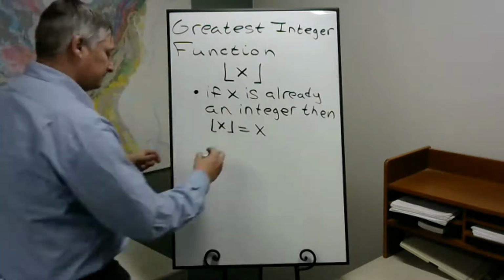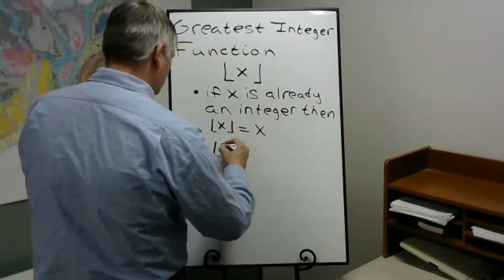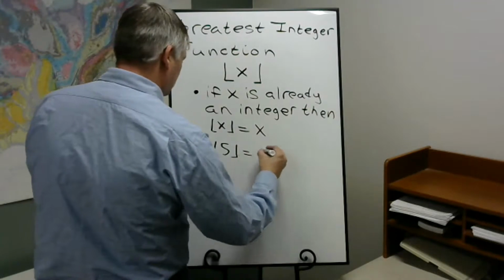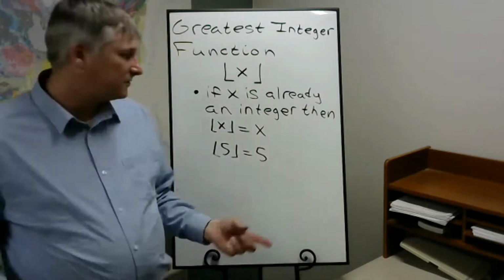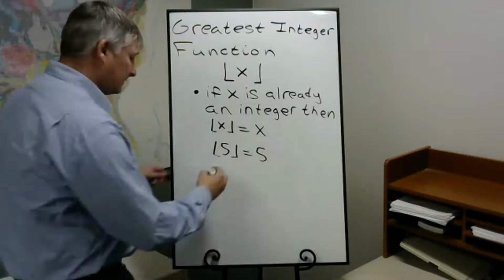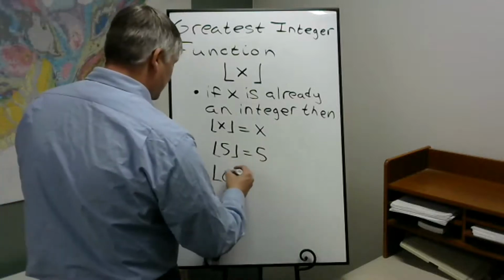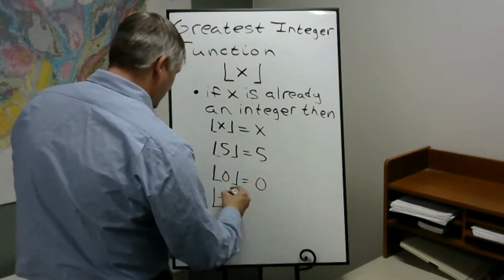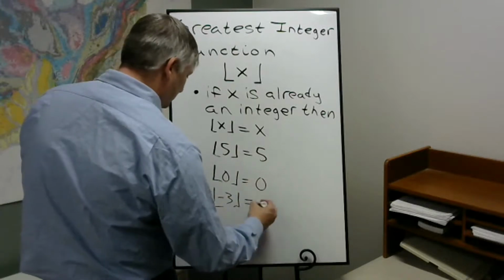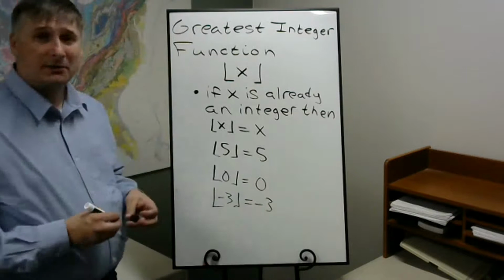So, for example, the greatest integer function applied to 5 is, well, still 5. Applied to 0, still 0. Applied to -3, still going to be -3.